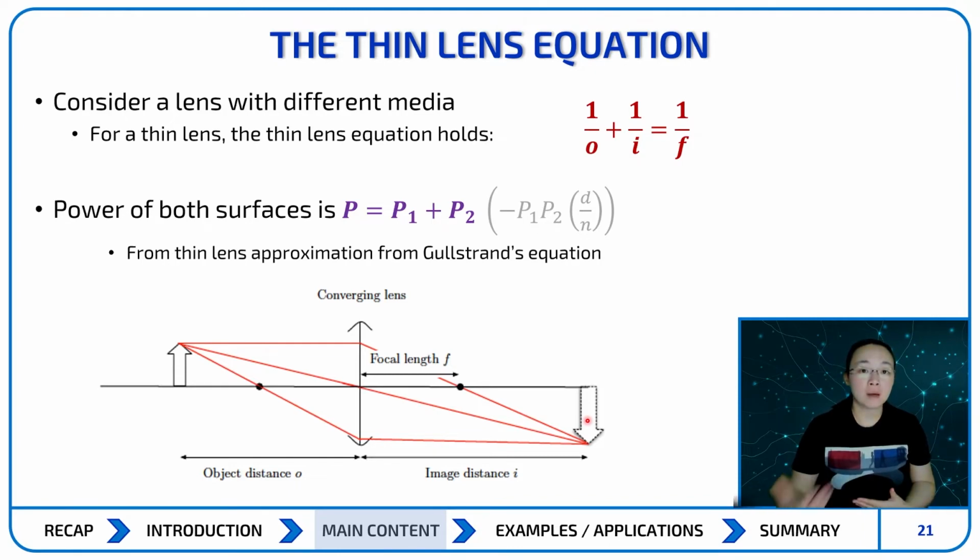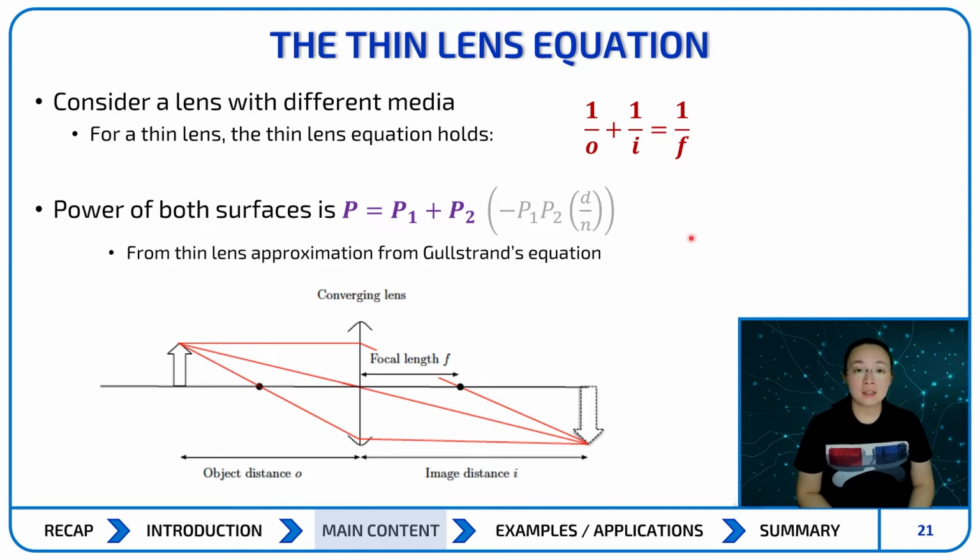And if the image is behind the lens, you have an image distance. You have an image at an image distance I away from your lens, which we consider to be the origin. The object distance is simply how far away your real object is from the convex lens. So when you're doing calculations using the thin lens equation, just keep in mind where O is, what I is, and what F is, because F is not the frequency.